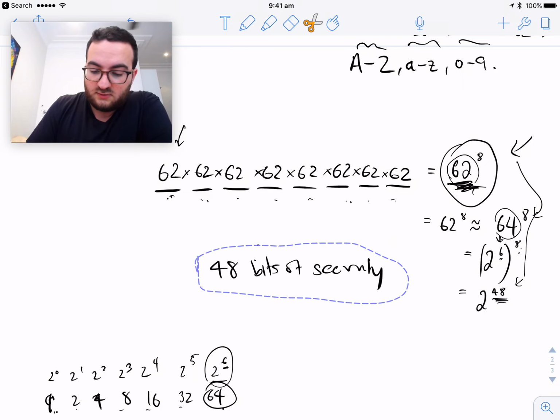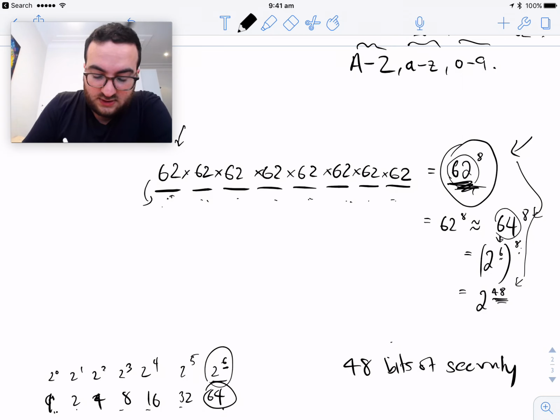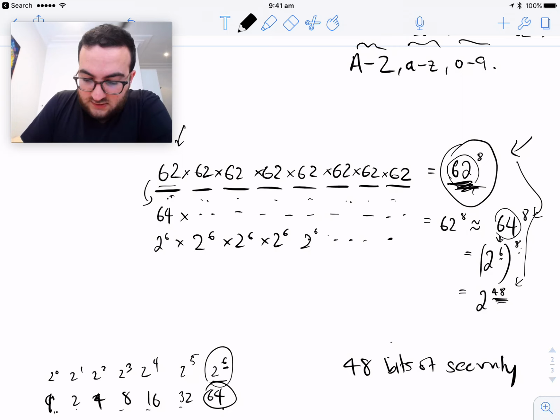If you wanted to do it another way, you could say that 62 is close to 64, times 64, times 64, and 64 we know from before can be represented as 2 to the 6 times 2 to the 6 times 2 to the 6 times 2 to the 6, etc. So I'll do it in full. 2 to the 6 times 2 to the 6 times 2 to the 6 times 2 to the 6.